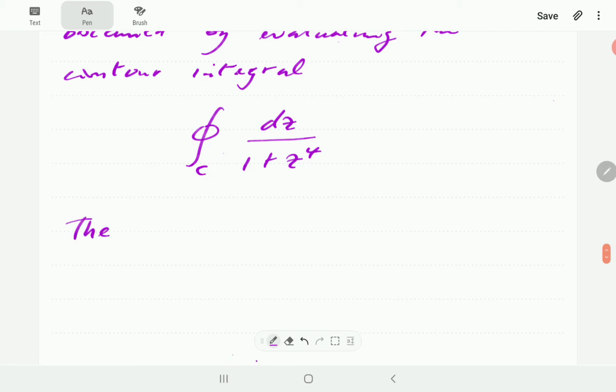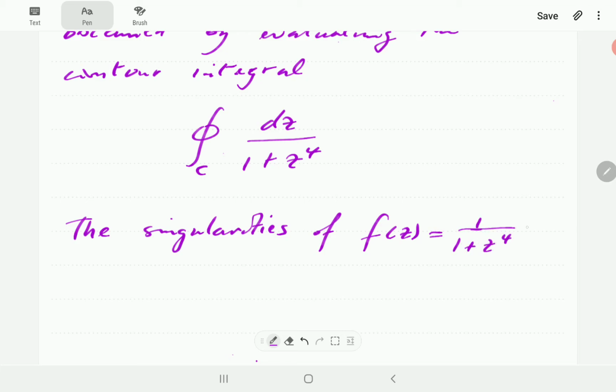So let's talk about the singularities before we talk about the residues. The function f of z is the integrand of that contour integral. So it's going to be 1 over 1 plus z to the power 4.